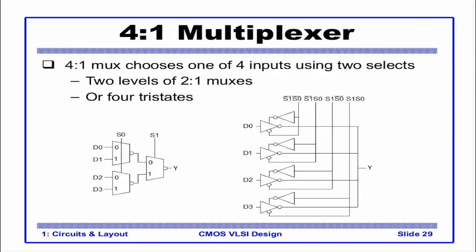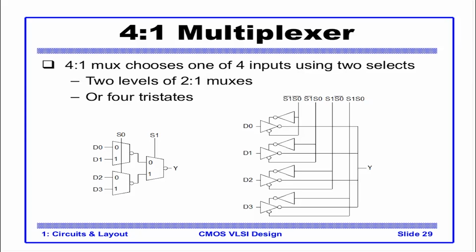So the MSB, that is D3, will be S1 S0, D2 will be S1 S0 bar, again D1 will be S1 bar S0, and D0 will be S1 bar S0 bar. Also note that we would need inverters here to get the logic level values. So we need S0 and S0 complement, we need S1 and S1 complement.